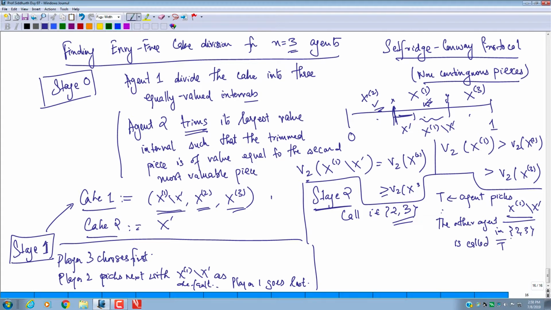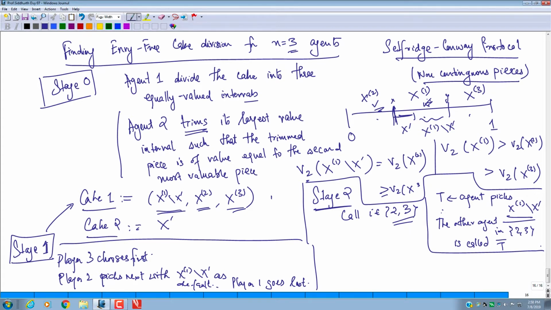I have two agents, 2 or 3, one of them picks the trimmed piece, I'll call him T, and the other I'll call T prime. We are dealing with cake 2. This is just a shorthand. I look at stage 1; there's some person who has picked the trimmed piece, x1 minus x prime.